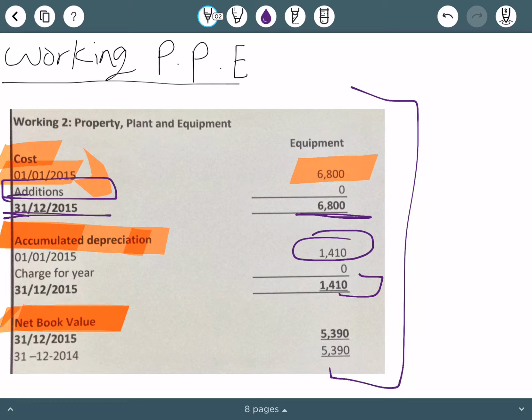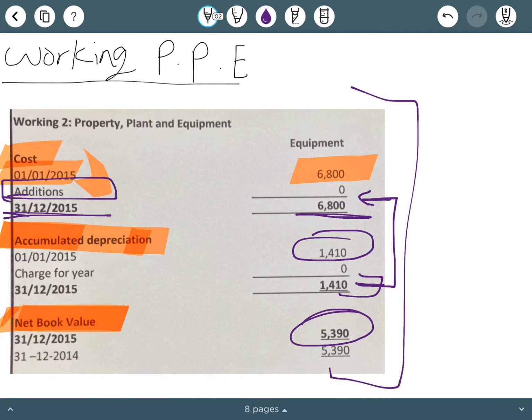Now the net book value is the cost at the end of the year minus the accumulated depreciation at the end of the year, which will give you the net book value.